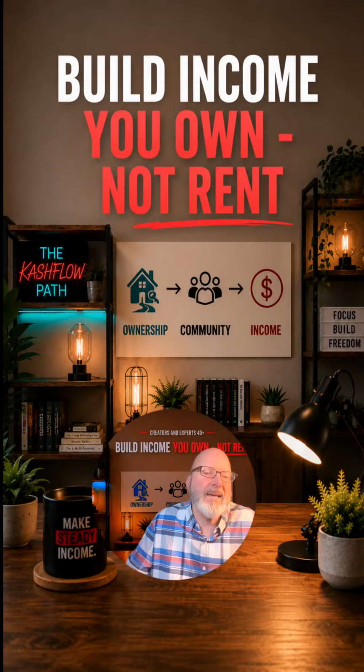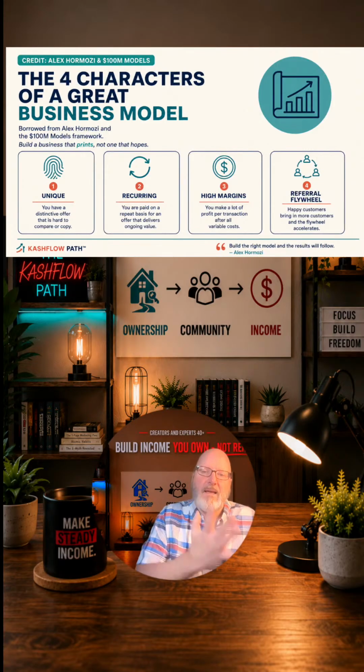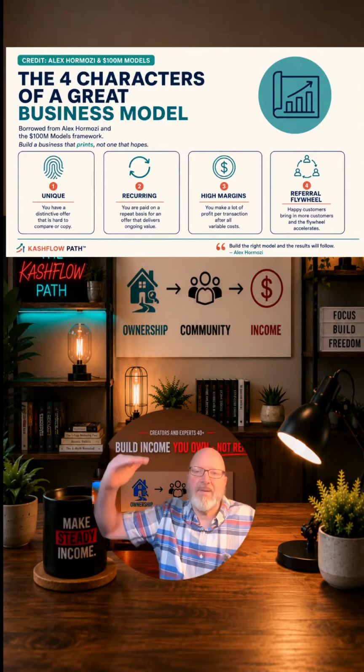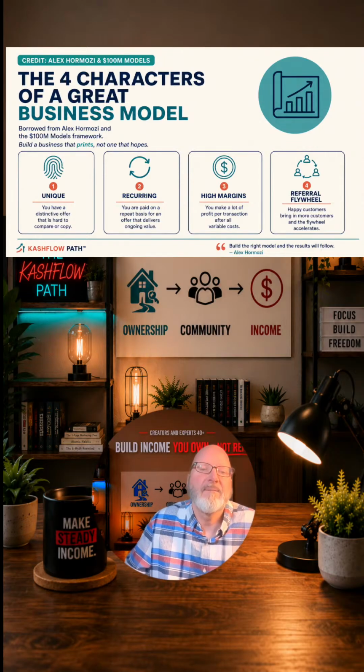But again, let's see how this works. If you're running a business for $9 a month, and 90% of everything else is profit, do the math. That takes you from recurring to very high margins.